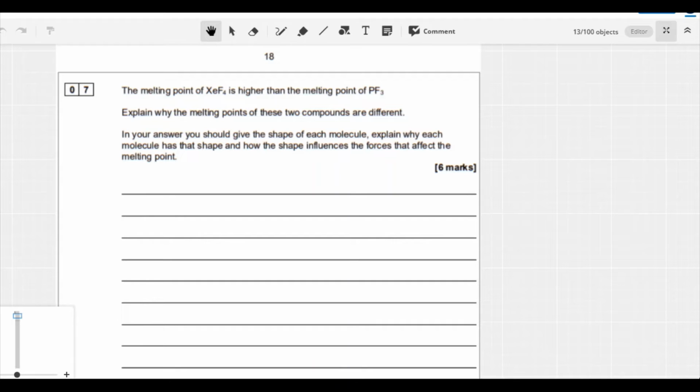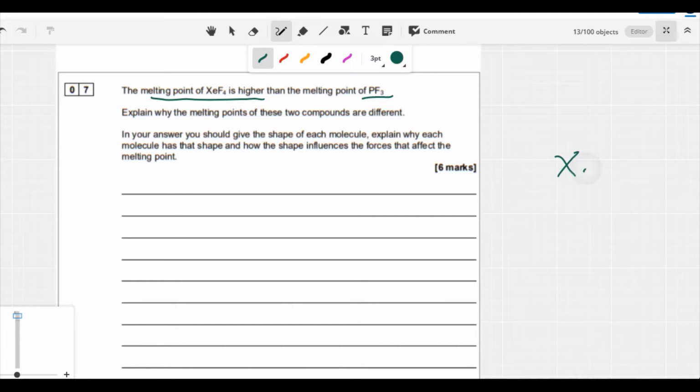So actually we have to find why the melting point of xenon tetrafluoride is higher than PF3. First of all, we have to draw the structure of xenon tetrafluoride.